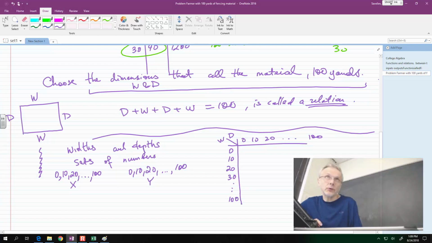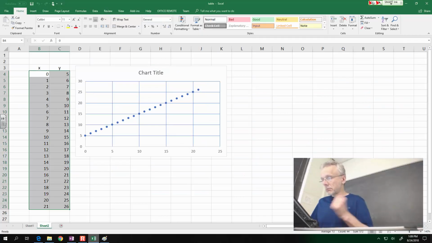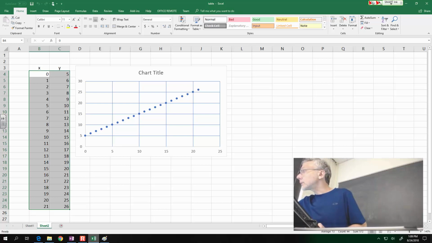Okay, so two sets, and all the combinations of these two are possible. That creates a table, and it wouldn't really take you a lot of work in order to solve this problem. But as a matter of fact, let's do that just for analysis of what we could do, if not what we should do.